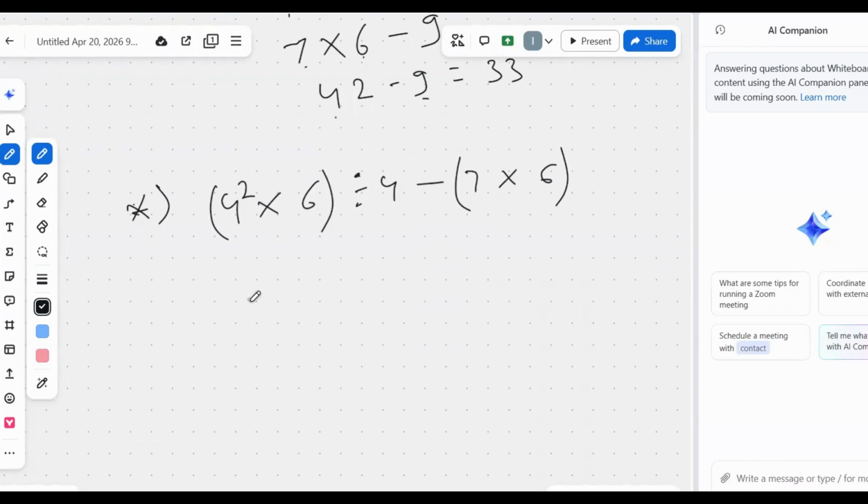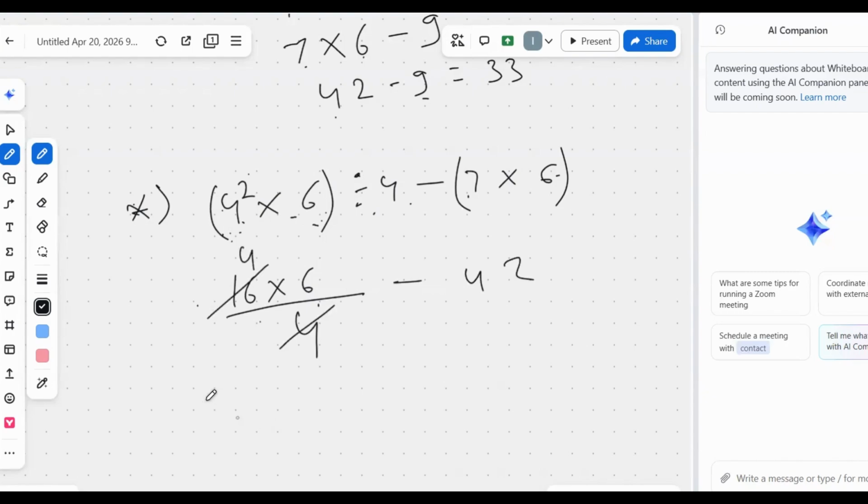Minus 18. That's going to be 16 times 6. What you did here: first you did whatever is inside the parenthesis. After that, you are just going to multiply. This overall whole is going to be divided by 4, then minus 42. Why am I keeping this 4 here? Because I can reduce it.